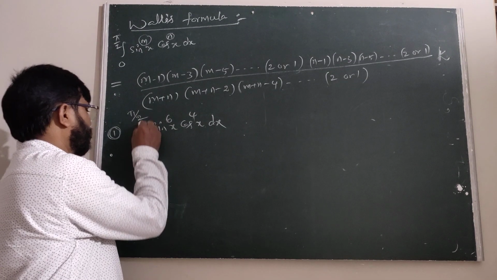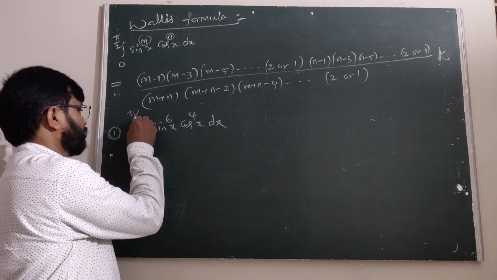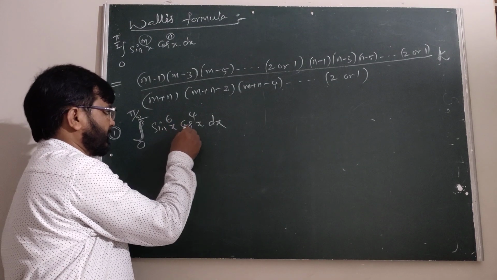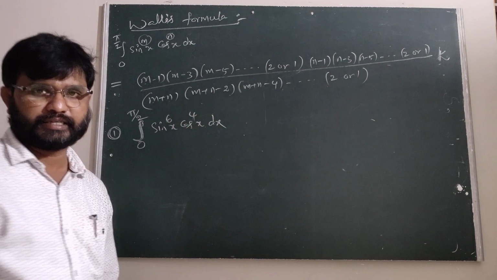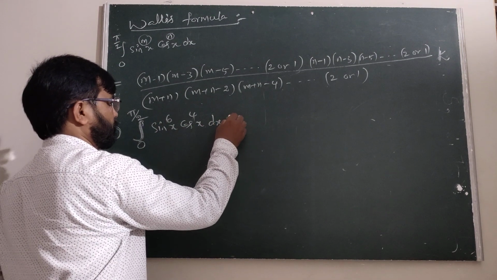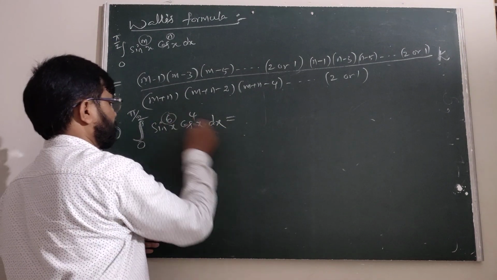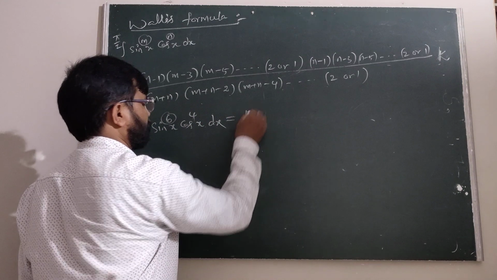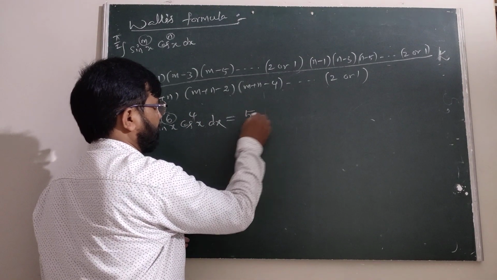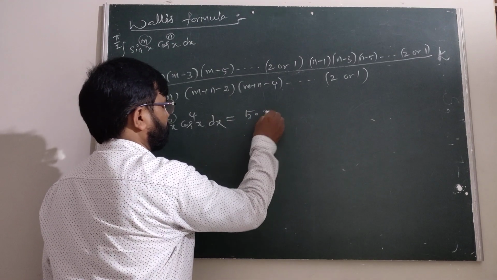Now the integral from 0 to pi by 2 of sin^6 x cos^4 x dx. First we take m minus 1, that is 6 minus 1, which is 5. After that 5 minus 2 is 3, 3 minus 2 is 1.